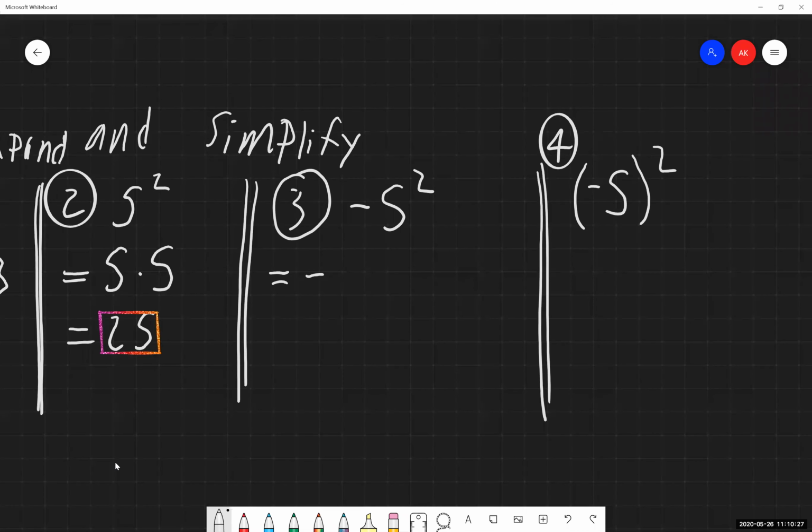So the base of the exponent in example 3 is 5. It's being raised to the second power, and I expand it out to be -5 times 5. And 5 times 5 is 25. The negative out front is just going to stay there. It's just along for the ride. And we get -25 for our final answer.